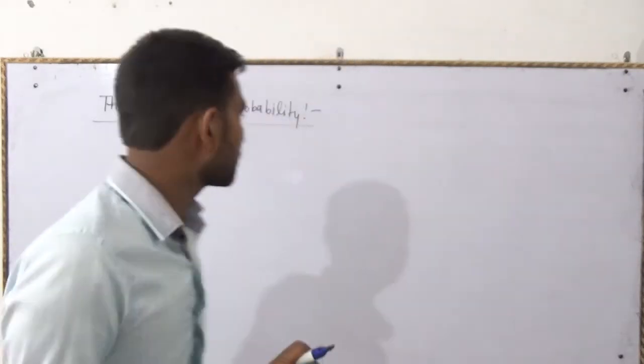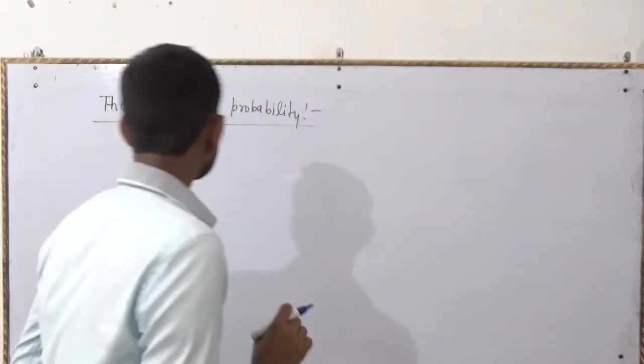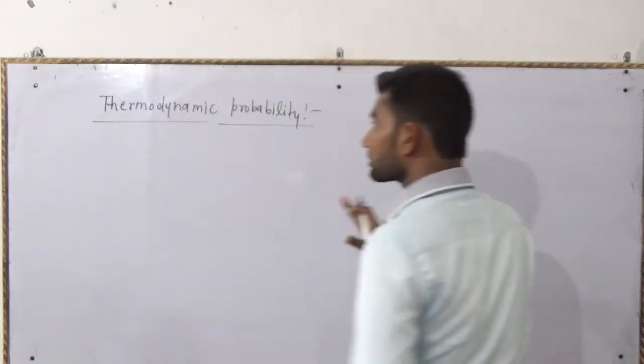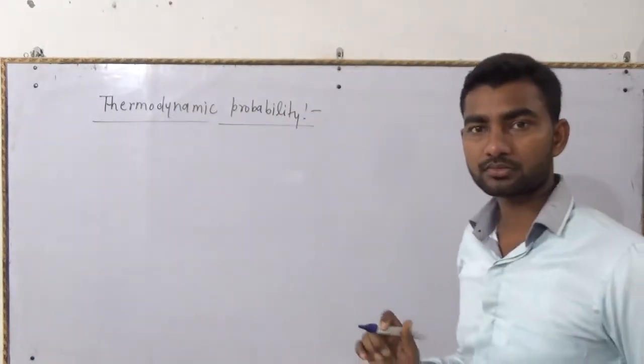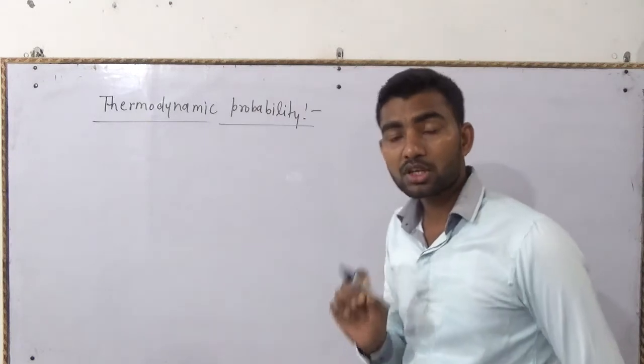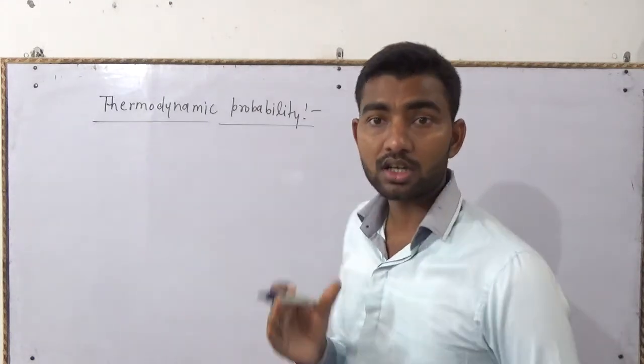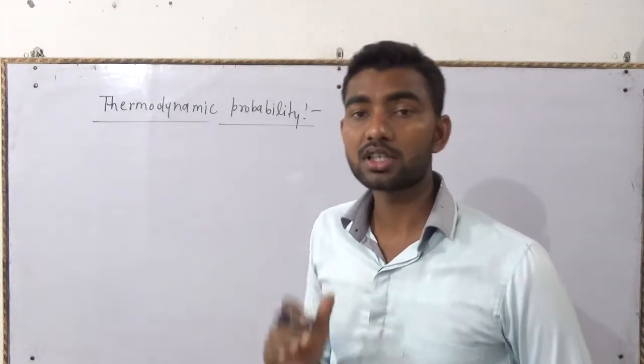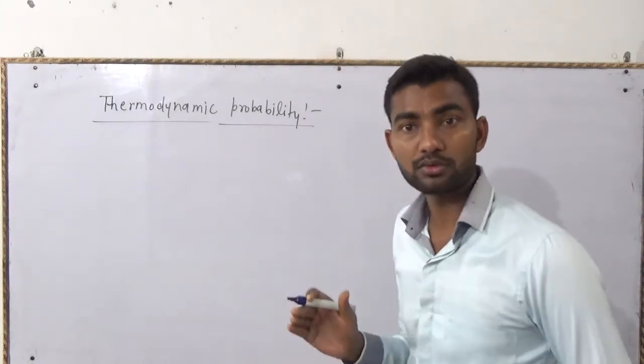So friends, here we will first see the definition of thermodynamic probability. The total number of microstates corresponding to any given macrostate is known as thermodynamic probability.